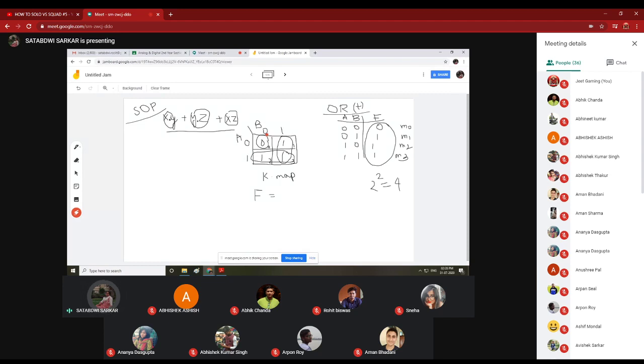But B is changing. This cell value is 1, 0, and this cell is 1, 1. So B is changing. For this cell, B has the value 0. For this cell, B has the value 1. So we cannot take B because B is changing. But we can take A for these two values.